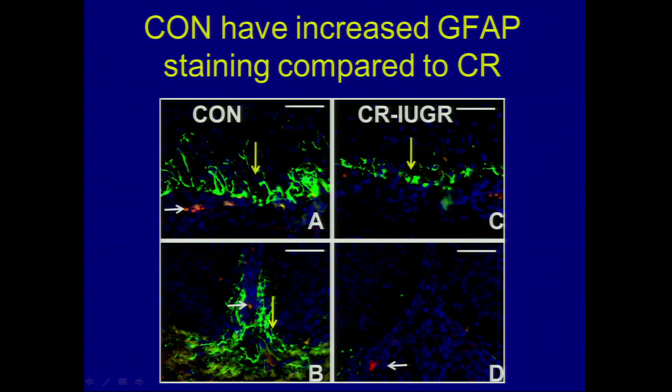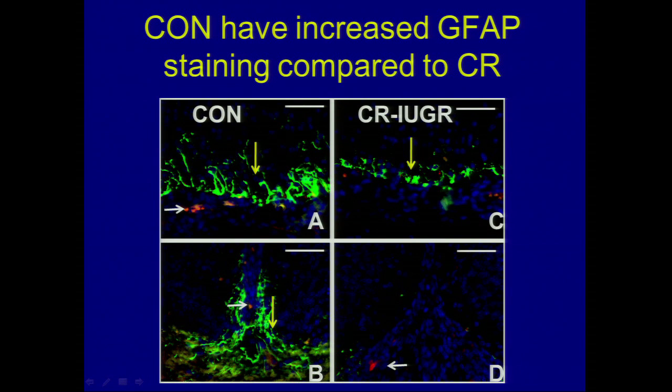I hope you can appreciate that as compared to the control slides, the calorie-restricted IUGR has a decrease in GFAP staining or astrocytic presence. It appears that there is no difference in the nestin on both slides, but we will have to perform a quantification to confirm those.